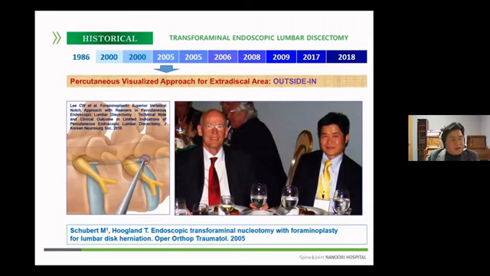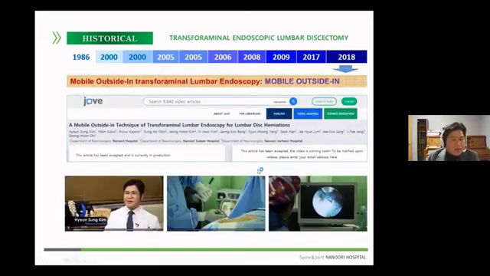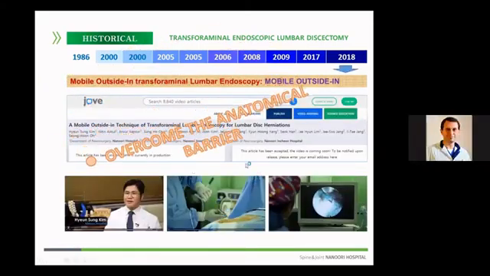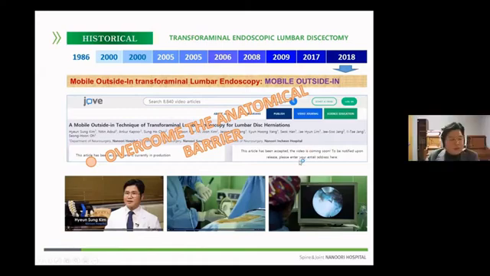In addition, when Thomas Hoogland introduced outside-in transforaminal endoscopic lumbar discectomy in 2005, transforaminal endoscopic spine surgery made a lot of progress. And now, through this mobile outside-in approach, all lumbar symptomatic discs can be solved by endoscopic spine surgery.